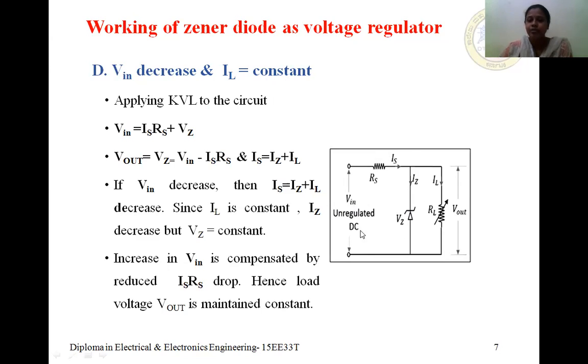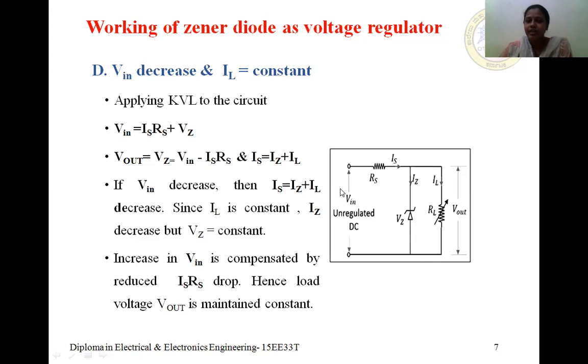Applying Kirchhoff's voltage law to this circuit, at the input side, Vin is equal to Is into Rs plus Vz, and at the output side Vout will be equal to Vz, that is equal to Vin minus Is into Rs, and Is is equal to Iz plus IL.